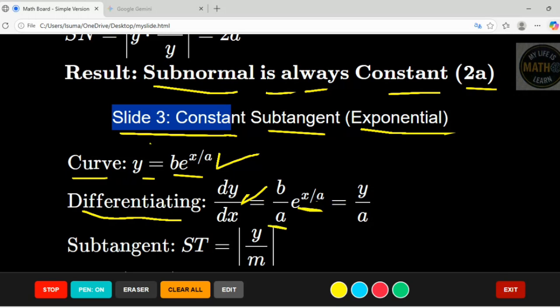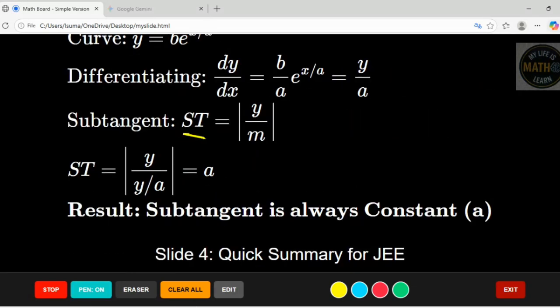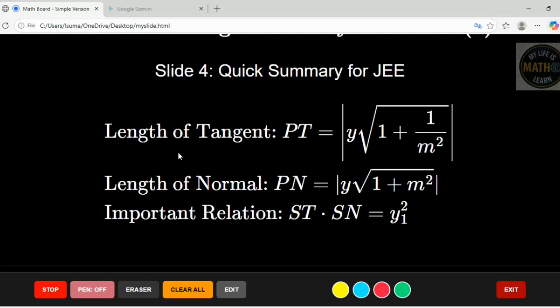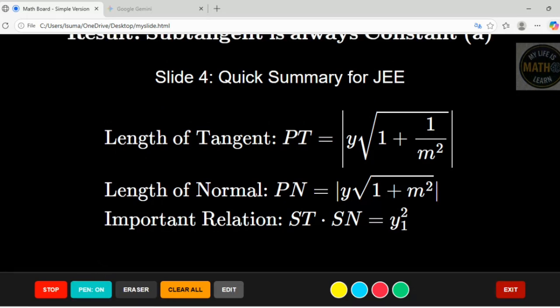So it is b by a e power x by a, which is equal to y by a, because y is equal to b into e power x by a, so we can replace b into e power x by a with y. Now the subtangent ST is equal to y by m. Here m is equal to y by a, so ST is equal to y divided by y by a, which is equal to a. The subtangent is always the constant a.